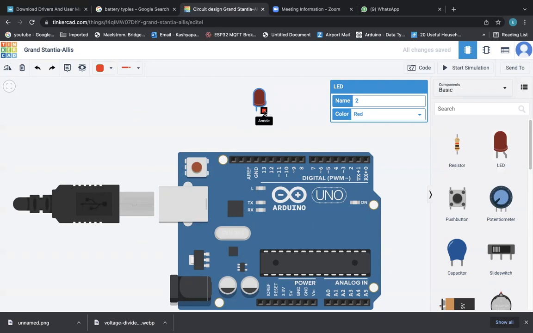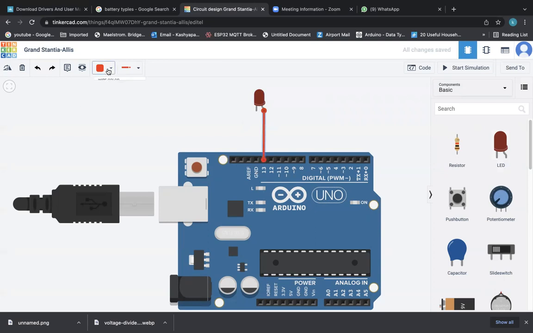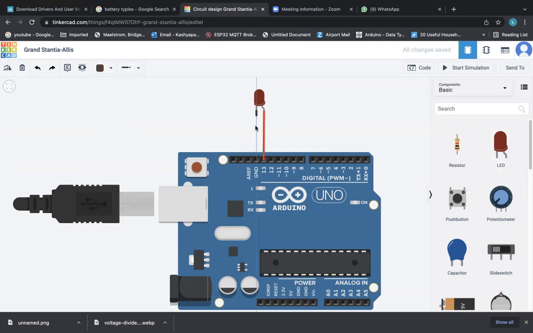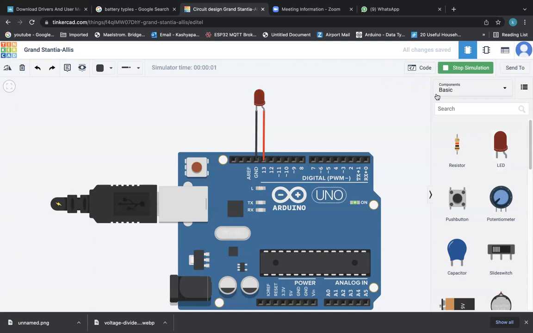Positive, right? So I'm going to connect it to the 13th pin, and then connect this one, which has to be red, with another wire to the ground. So what have I done? I have simply connected it, and this light is blinking.